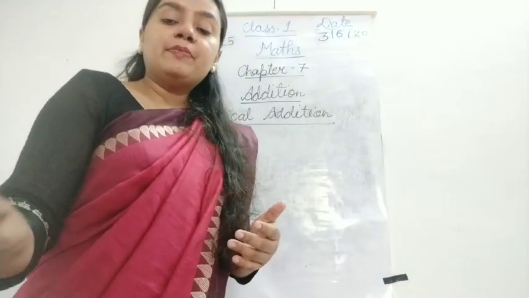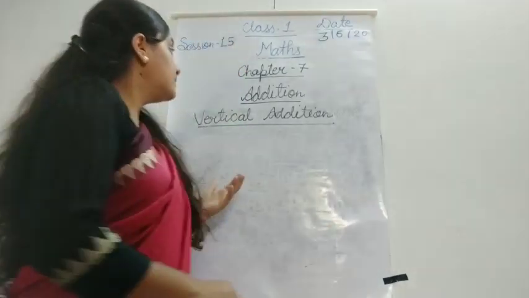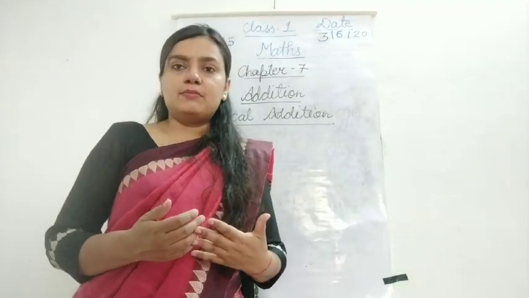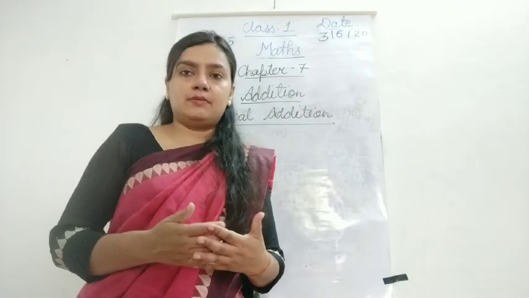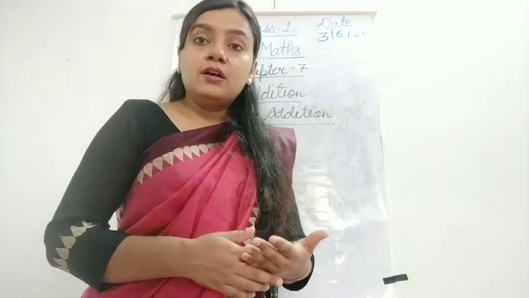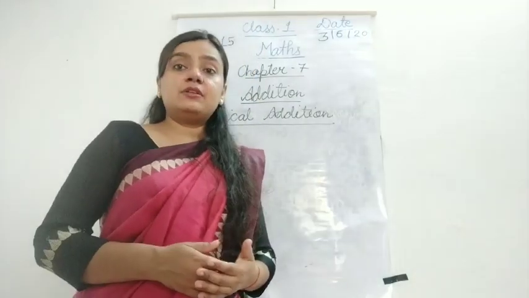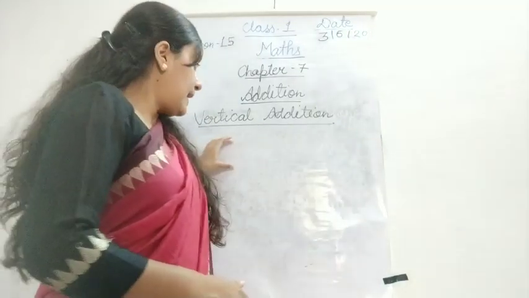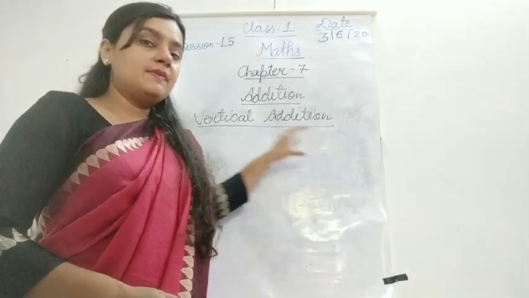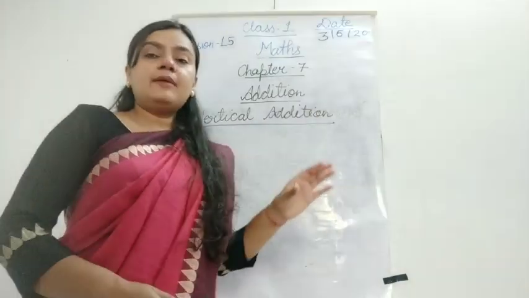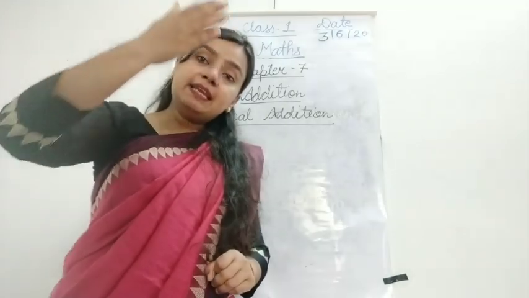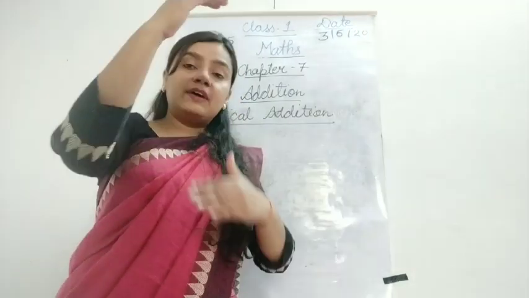First of all, you should know what the formation of the numbers is whenever we do vertical addition. Means, how will we write the numbers? While performing horizontal addition, I told you the numbers will be in a sequence, going left to right. But while performing vertical addition, the numbers will be in a standing position, one after one.